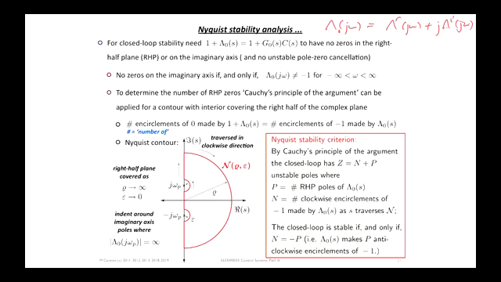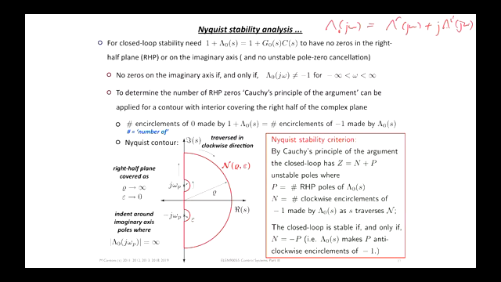So, by Cauchy's principle of the argument, the closed loop will have Z zeros in the right half plane, and that will be equal to the number of clockwise encirclements made by the contour that we get when we evaluate points along here under lambda, counting those as encirclements of -1, plus P, the number of right half plane poles of lambda.